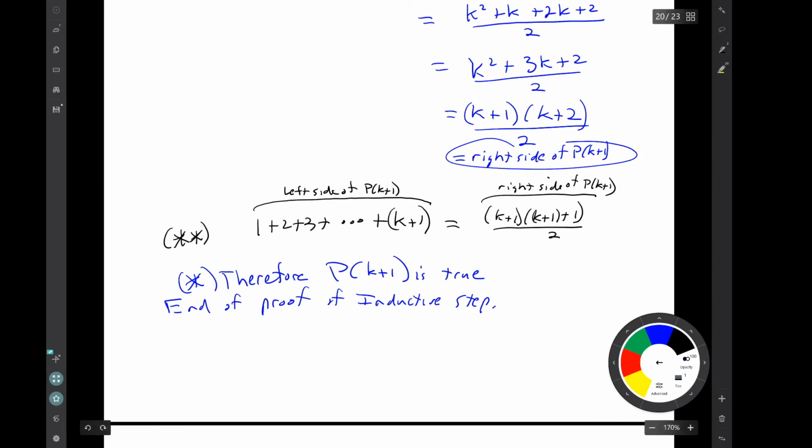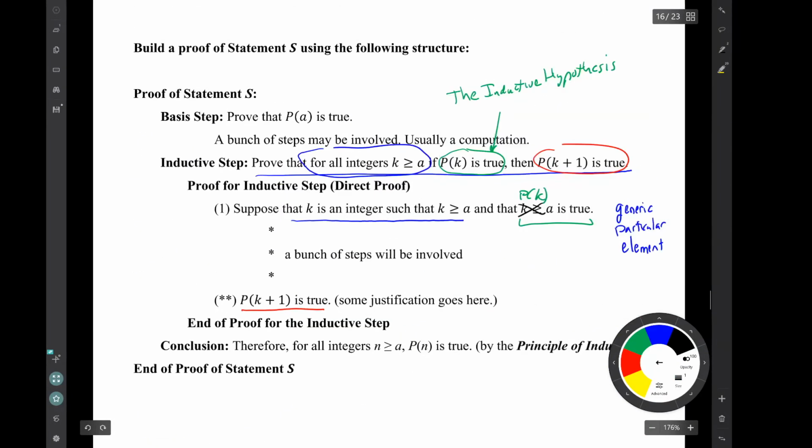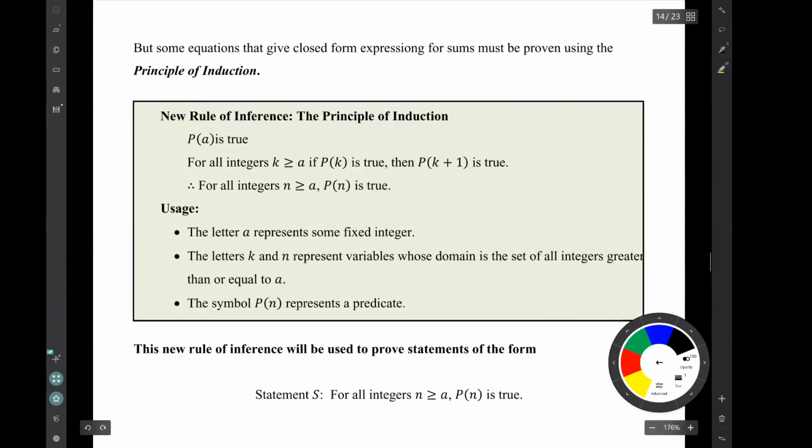So now what's next? Let's go back up and look at our proof structure again. We need the last thing. We need to have this conclusion. That was the concluding line of the principle of induction. There's that rule of inference. We've done the basis step. We've done the inductive step. Now we have to write the conclusion.